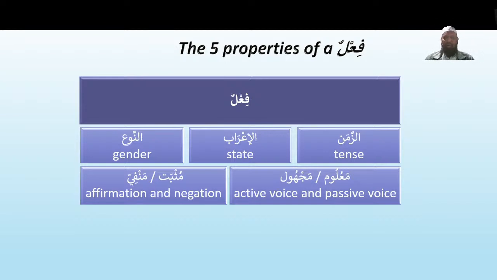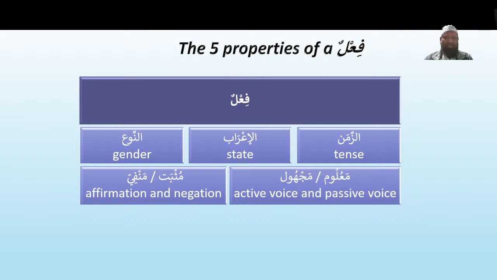The معلوم and مجهول. We did talk about معلوم: it means the doer is present in the sentence. The doer is mentioned. It is apparent. We can see the doer.